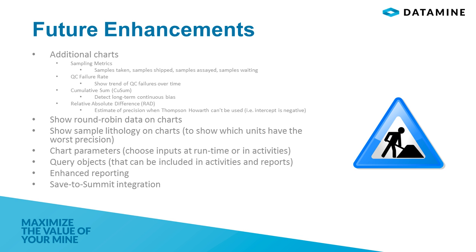And also, we've got a few other additional charts identified. Cumulative sum is one of the charts we'll be working on, which is a way that you can detect a long-term continuous bias. One example of where this could be useful is if you've got a standard reference material that is degrading over time.